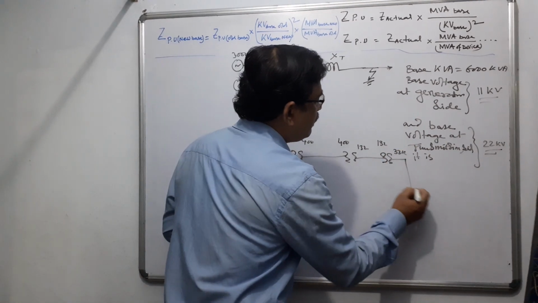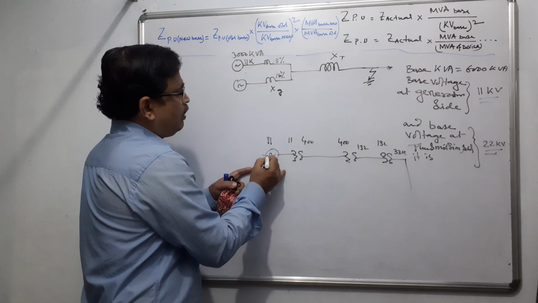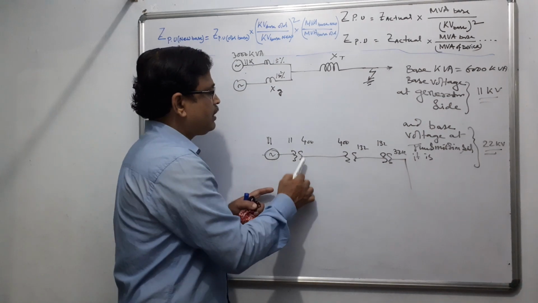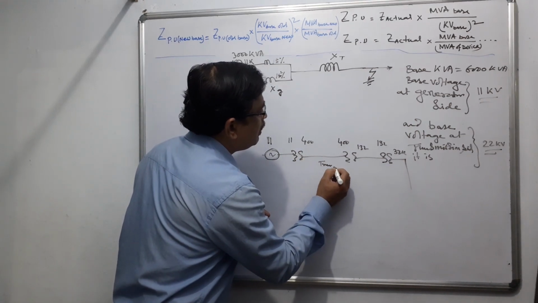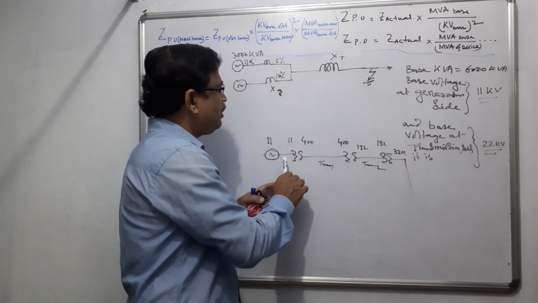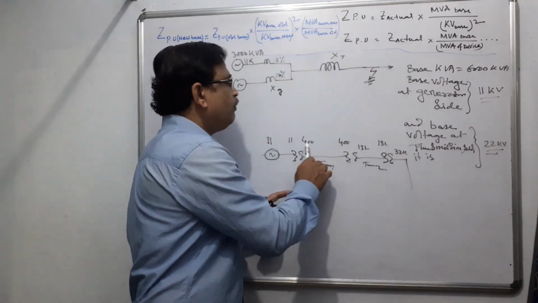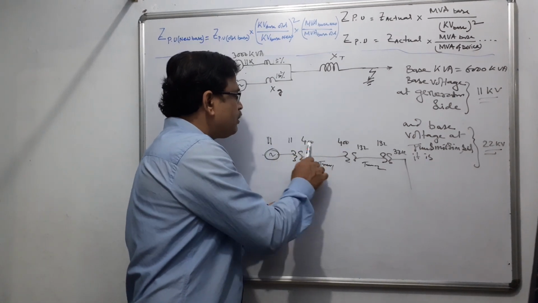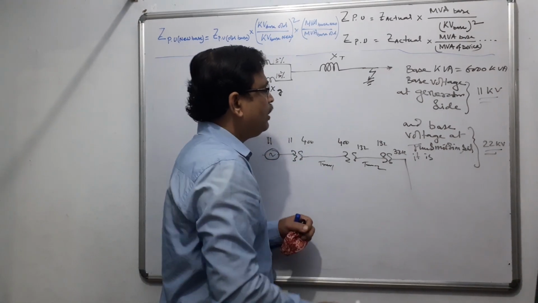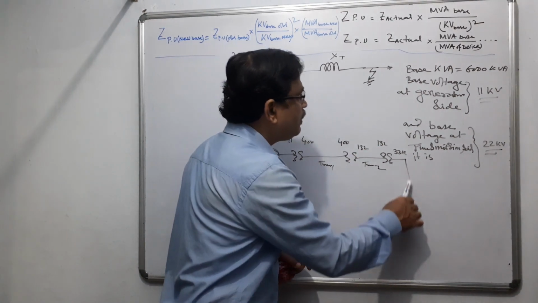If we choose the base kV for the generator as 11 kV, then due to transformer action, for the entire transmission line 1 the base kV will be 400 kV, and for transmission line 2 the base kV will be 132 kV, here it will be 33 kV.